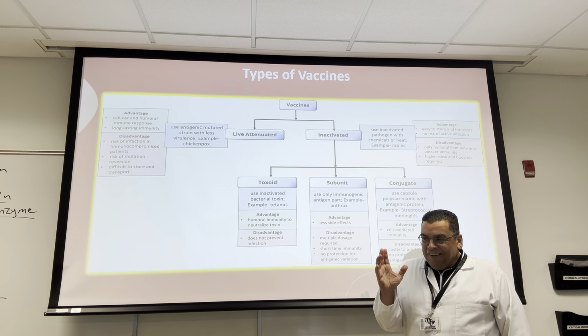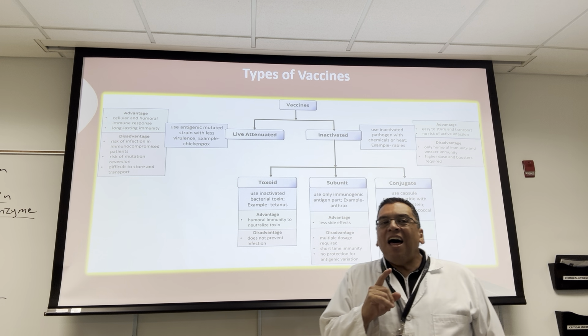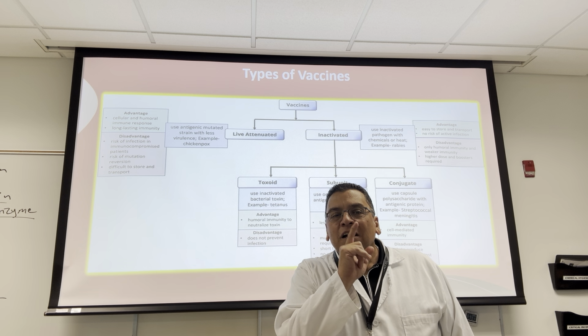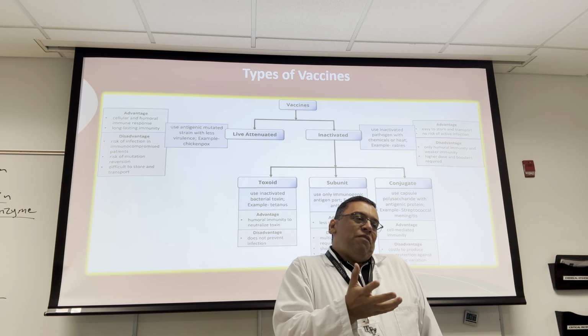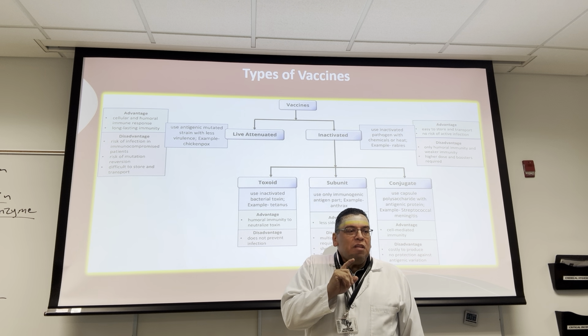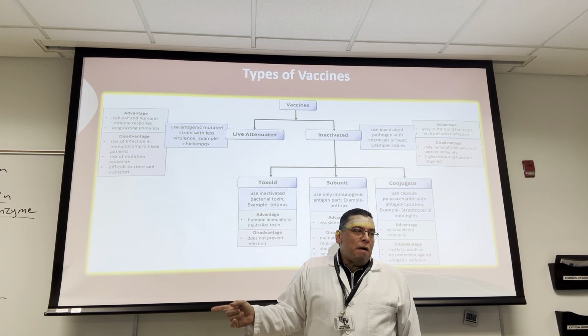Wait, hang on. Well, you gotta understand something. Because it's alive, and that's why you're signing that piece of paper, it can mutate. Now, the chance of it happening is very little. But it can mutate, technically, because it's alive, and become really bad for you.